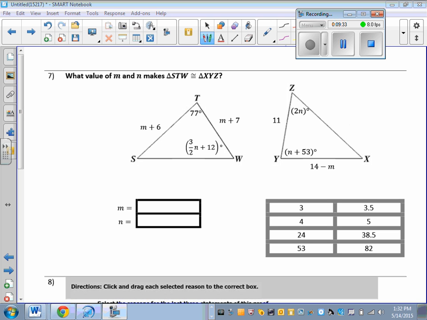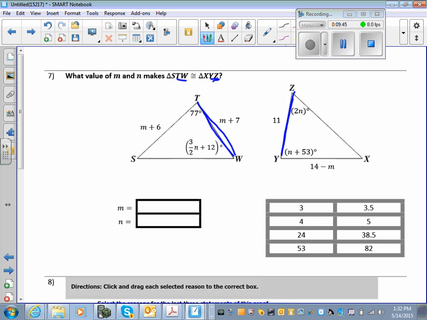M plus 7 is TW, so TW needs to be congruent to YZ, and YZ is 11. Just make sure you are making the corresponding parts congruent to each other. So I can put M plus 7 equals 11, and then solve for M. M equals 4. Good job.